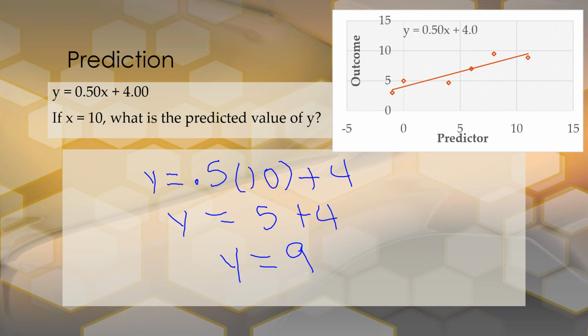So again, if we go make a line here where x equals 10, and then we see where that is for the y value, it's about 9. So this dot here on the line where x equals 10 is 10, 9. Alright?